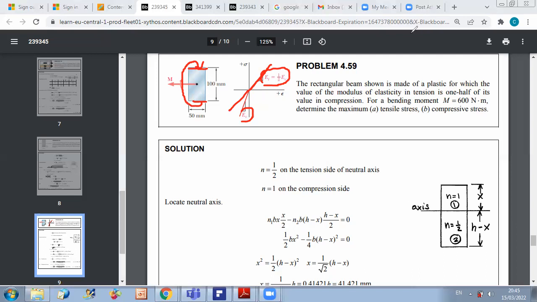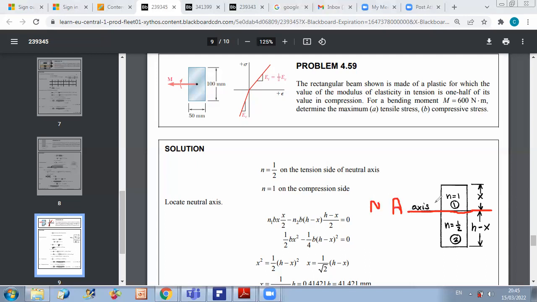So the idea is first, we should determine where is the neutral axis position. And to determine the neutral axis position, we can do similar analysis to that done in reinforced beams. Because we say we don't know where is the neutral axis.